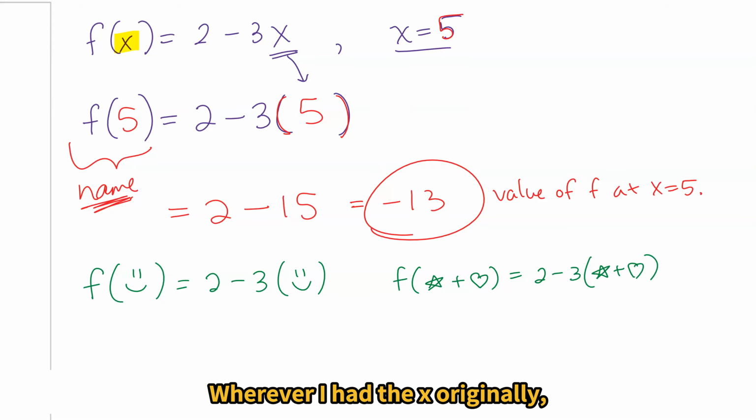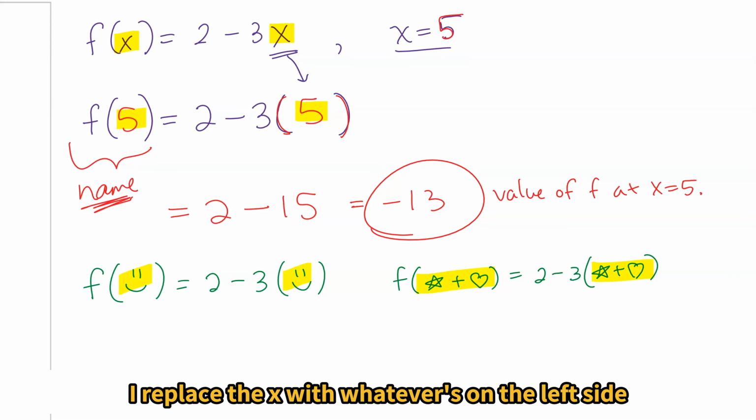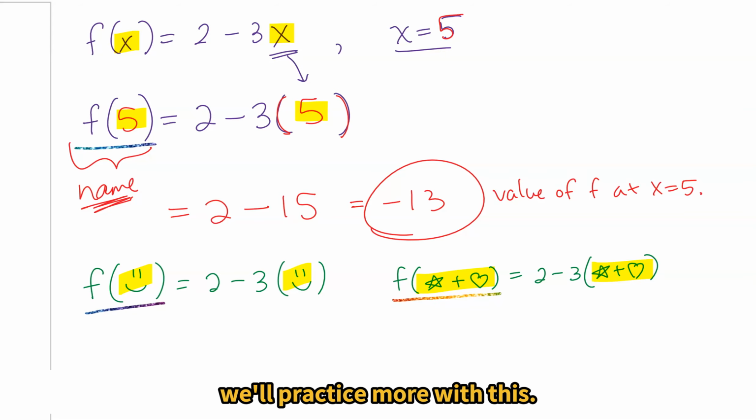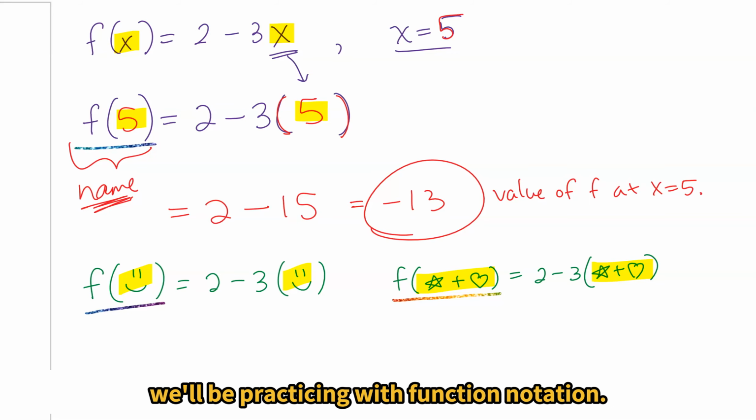Wherever I had the x originally, I replace the x with whatever's on the left side hanging over with my f name. Again, we'll practice more with this. All the rest of the semester will be for practicing with function notation.